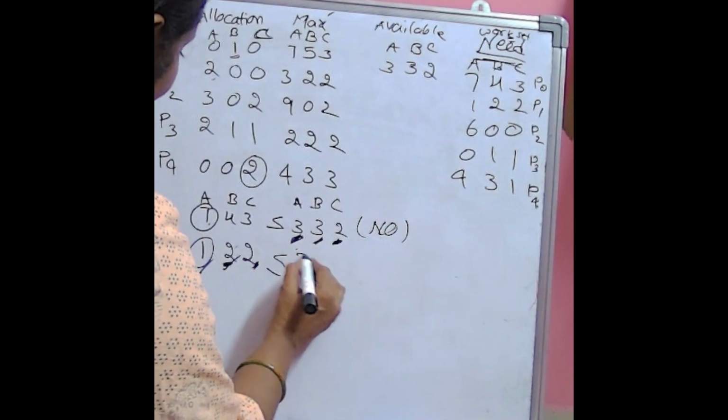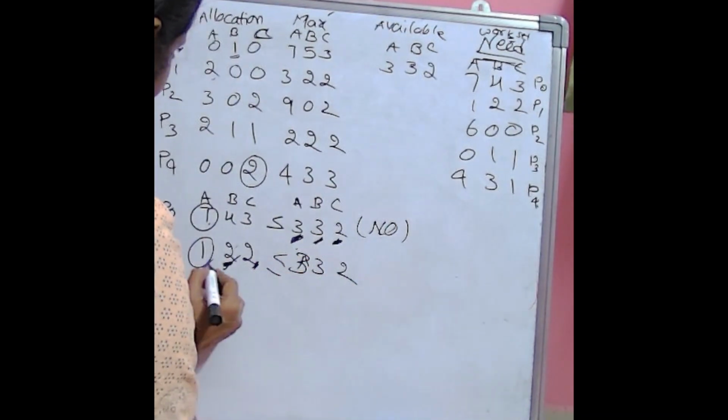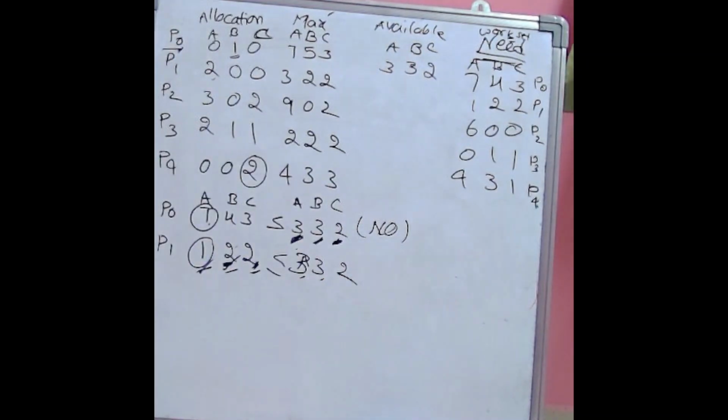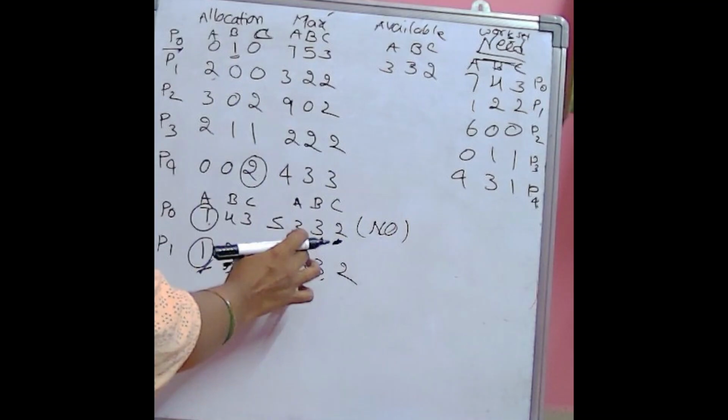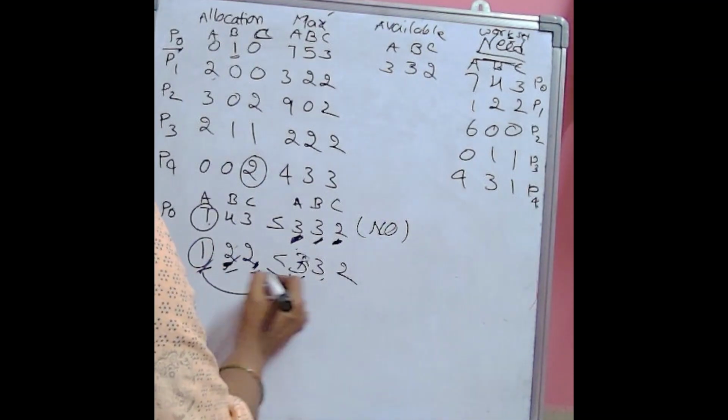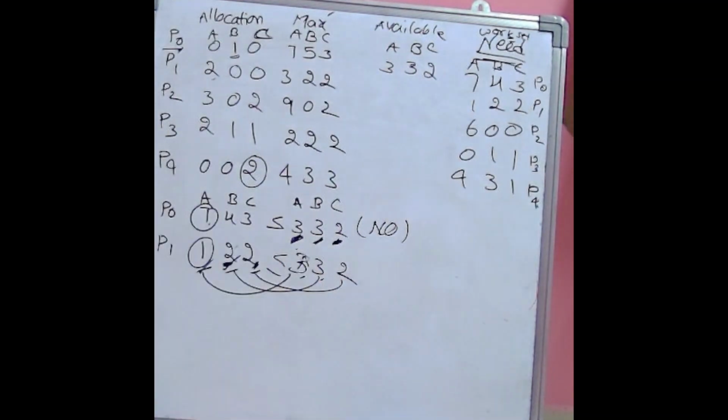With the available resources, we need to check individually the A type resource, B type resource, and C type resource. This is not a 3-digit number. Every digit is related to one resource type. That's why we need to check individually. Clear, ma'am?